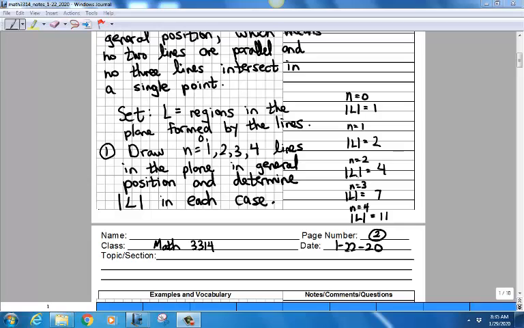Suppose we draw some lines in the plane, so we have a set of lines, and this can be any number. We want to count how many regions those lines divide the plane into, how many distinct regions there are surrounding or between the lines, once you've drawn them.